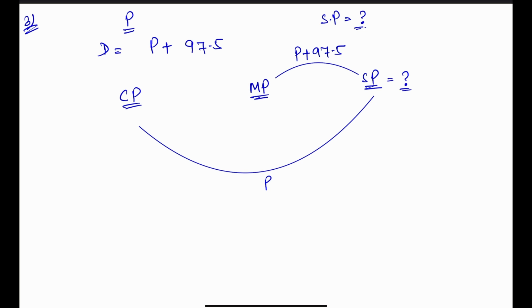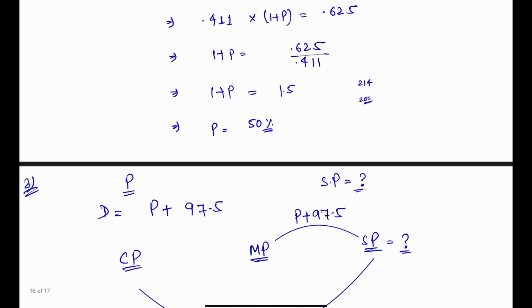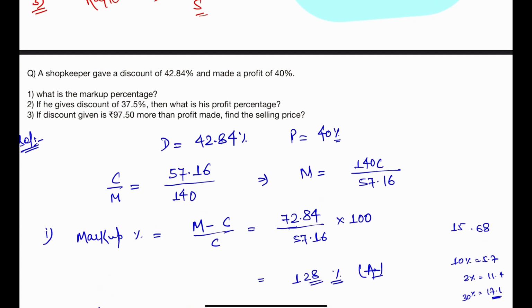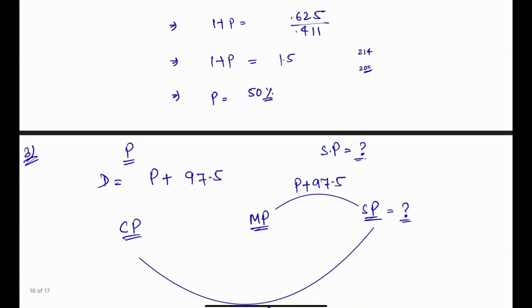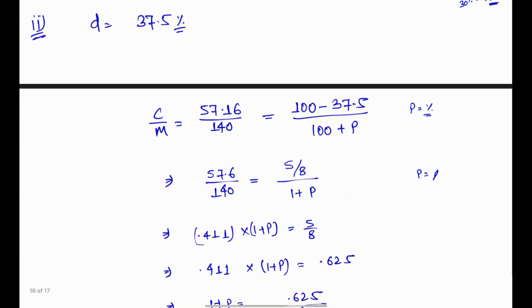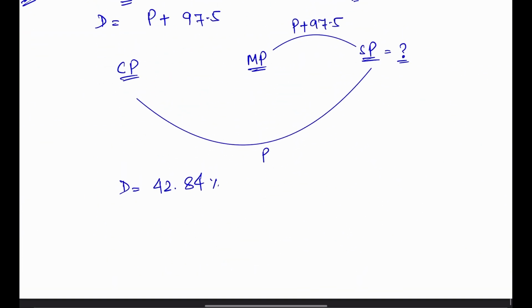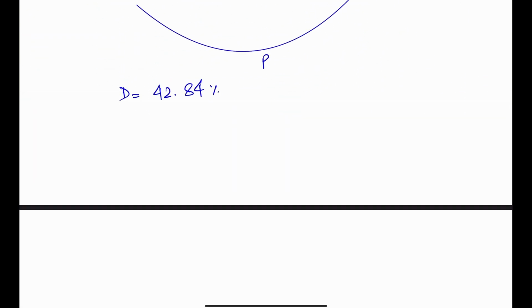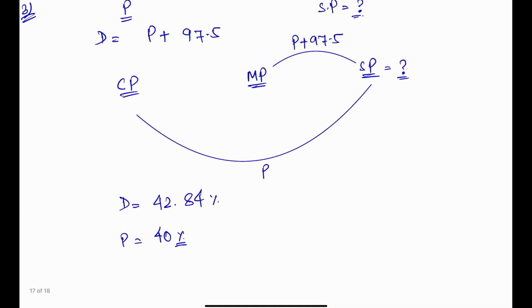This is a case to maintain when the discount is 42.84%, right? Discount is 42.84 and the profit is 40%.